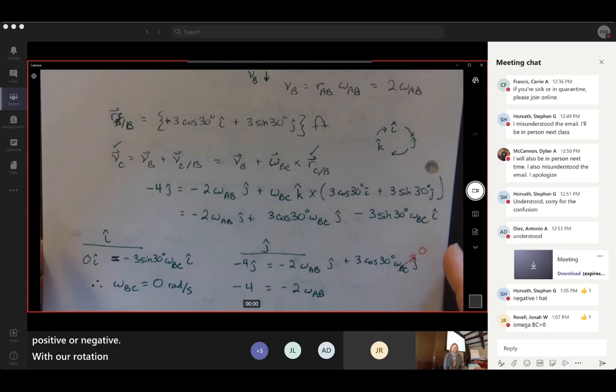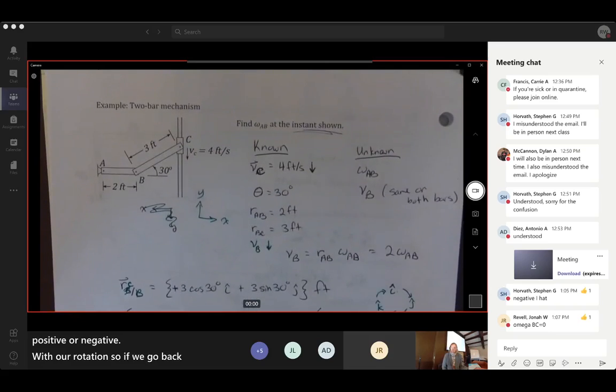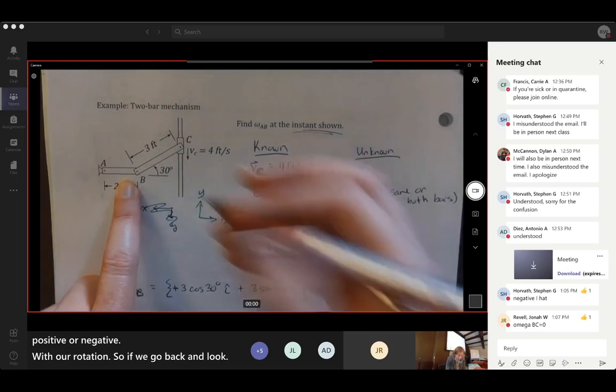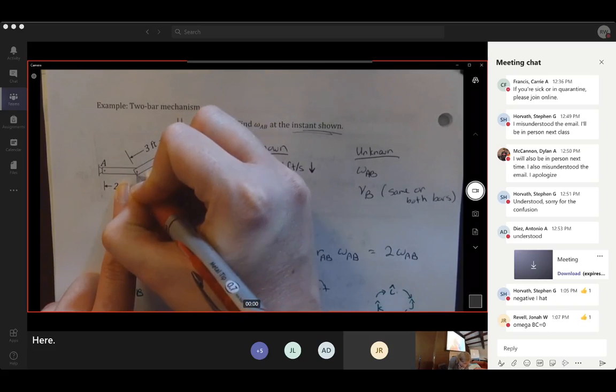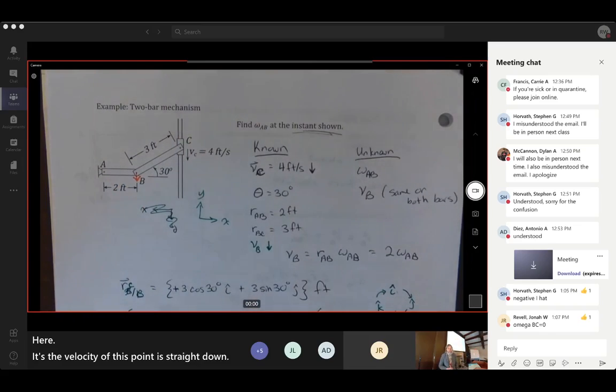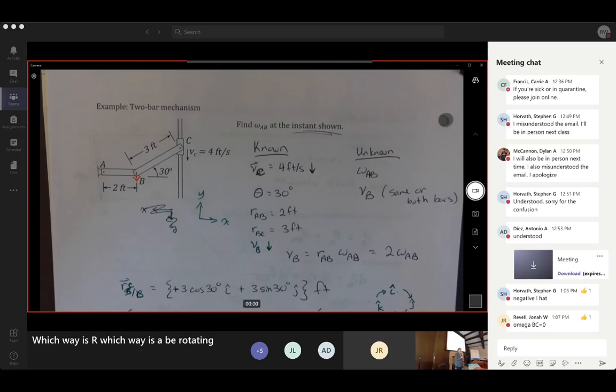So if we go back and look here, if the velocity at this point is straight down, which way is AB rotating? It's rotating clockwise, which means we have positive or negative angular velocity. Has to be negative, okay?